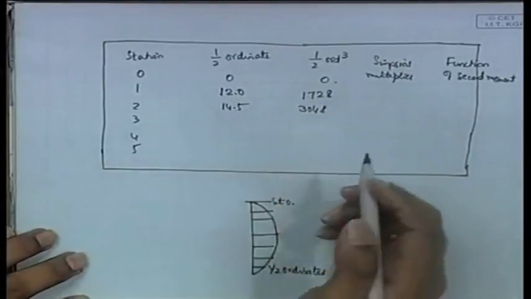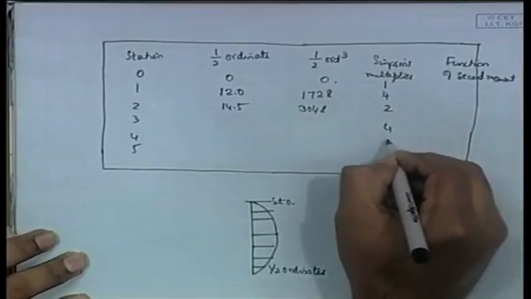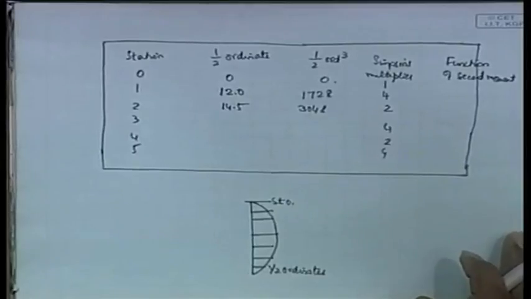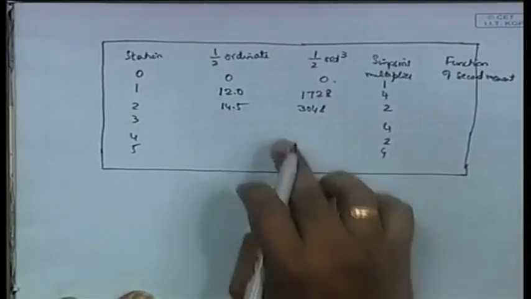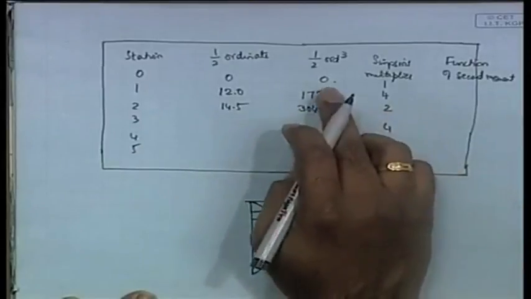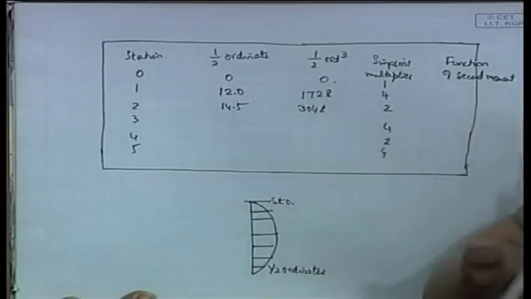I'll write 3 of these, and you will have Simpson's multiplier 1 4 2 4 2 4, like that. Then you multiply this half ordinate cube with the Simpson's multiplier. I hope it's clear to you what we are doing.